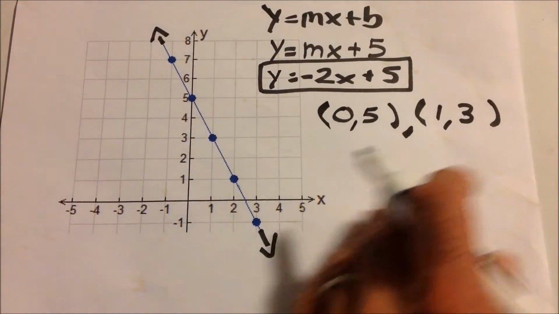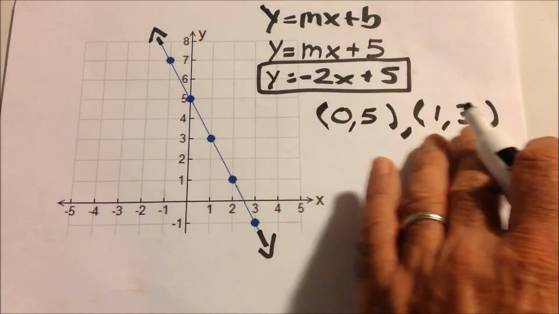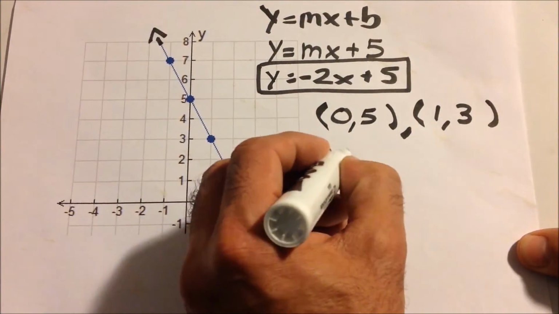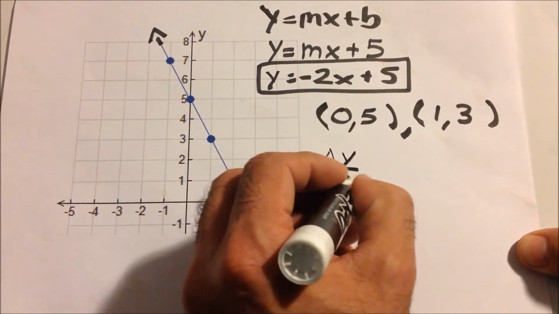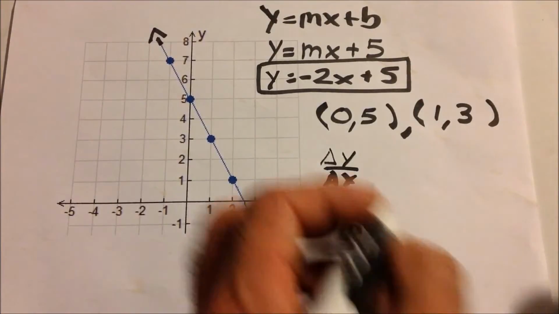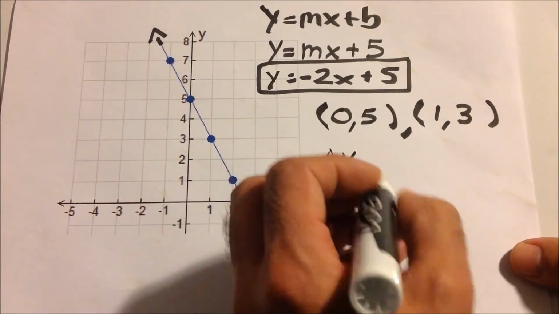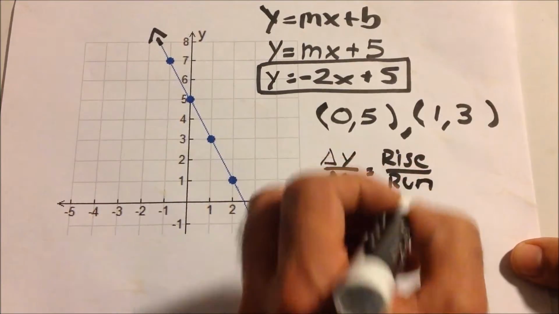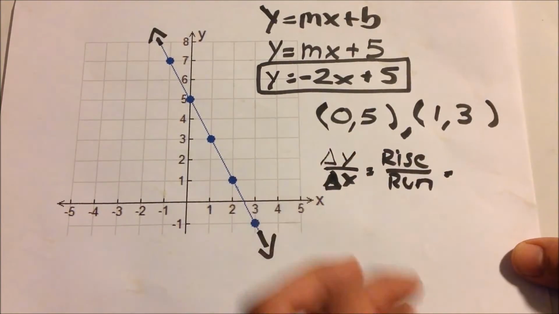Okay, and then if you have 2 points, 2 pairs on the line, you can do the change of y over the change of x, which we did before. That's not an a, that's a delta. But you know you're doing the rise over the run. And you're doing that formula.